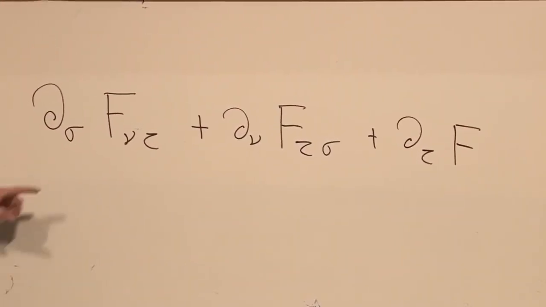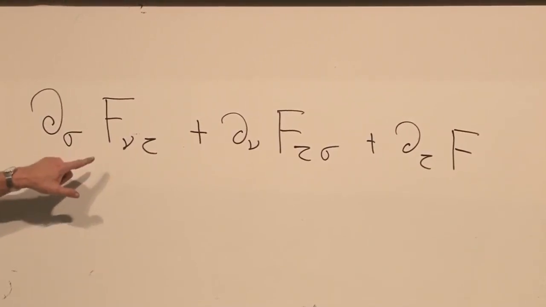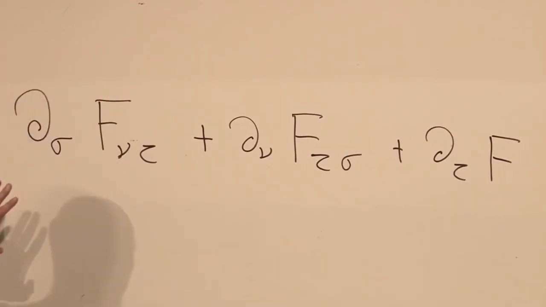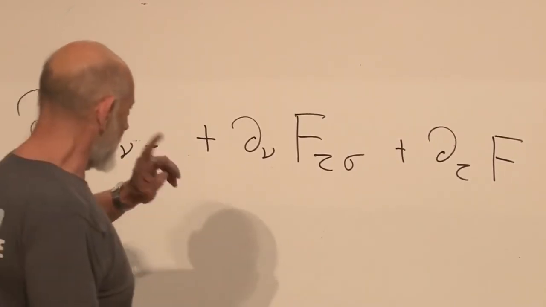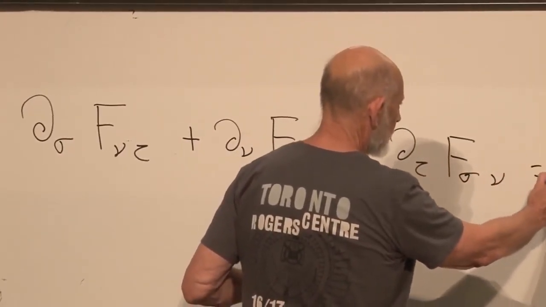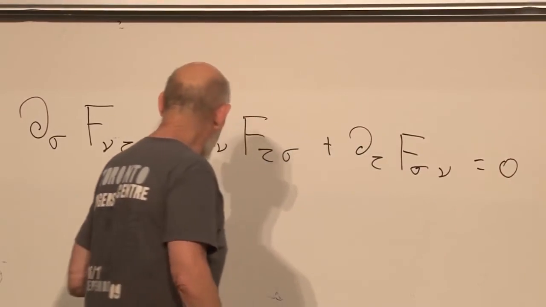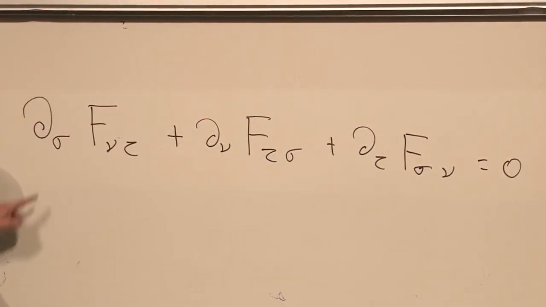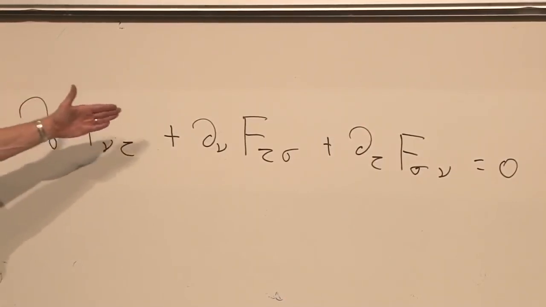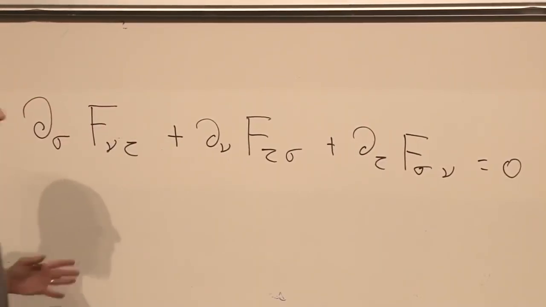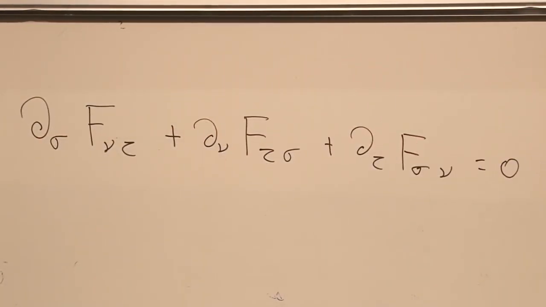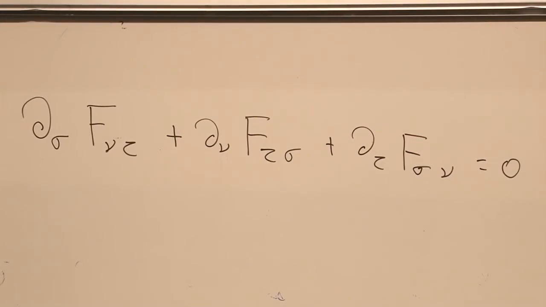You take any 3 of these components, sigma, nu, and tau, for any combination of sigma, nu, and tau, 1, 2, 3, 2, 3, 1, whatever, this is equal to 0. That's equivalent to these equations.